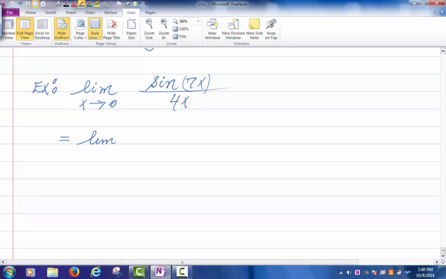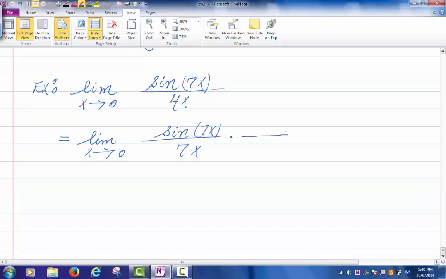How would you go about computing this limit? Well, as we said, you need 7x in the denominator. However, you didn't have 7x. I had 4x. I changed the 4 by 7.